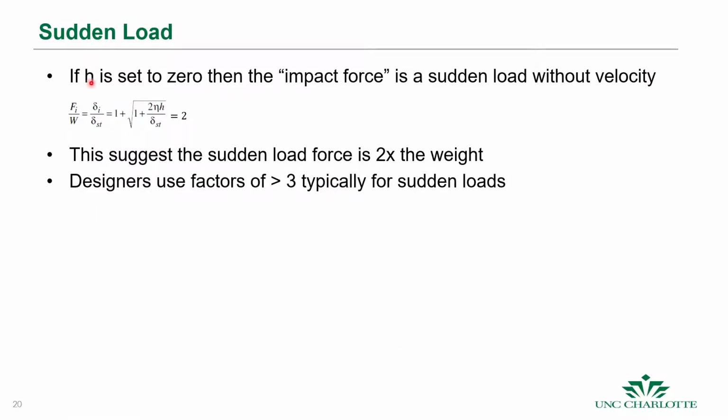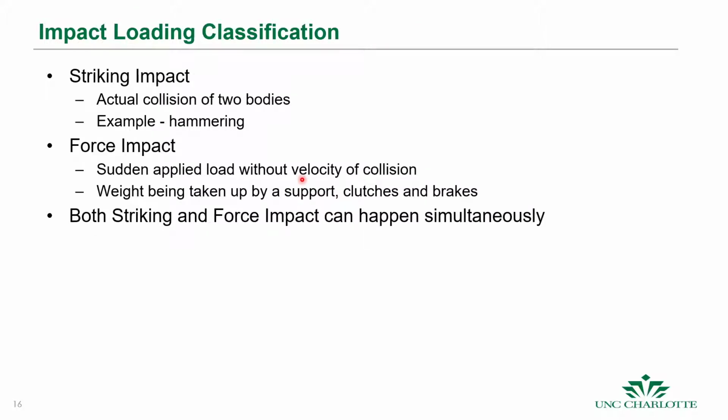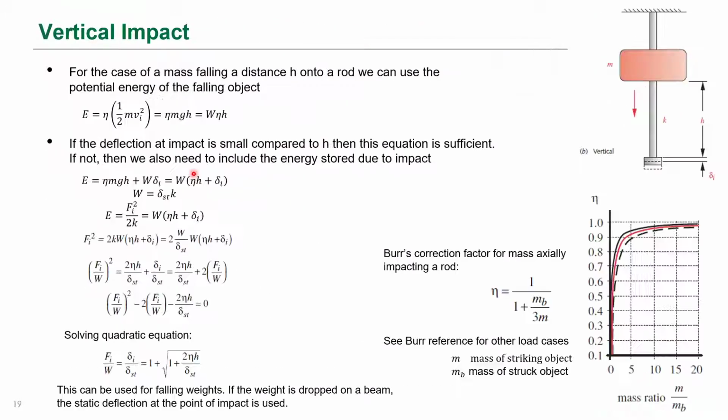In that equation for the vertical drop, as we saw, if the impact force is a sudden load, okay, we would call that a sudden load without velocity, then the force due to the impact is actually twice the weight. Okay, and this goes back to what we were talking about between the striking impact and force impact, and that would be the sudden load that's applied without velocity or collision.